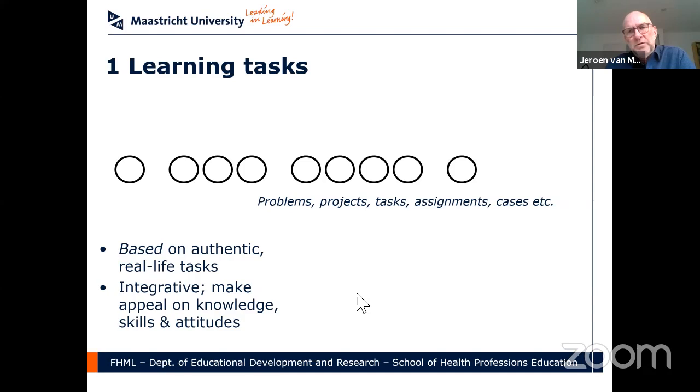And when tasks are real-life tasks, they are almost without exception integrative tasks that make an appeal on both knowledge, skills, and attitudes. And making an appeal on both knowledge, skills, and attitudes is thought to be important because that helps students to develop competencies.